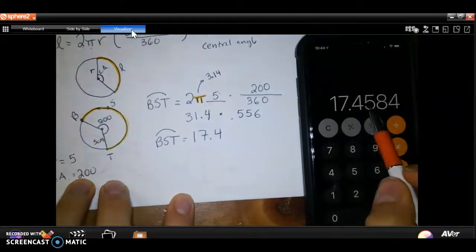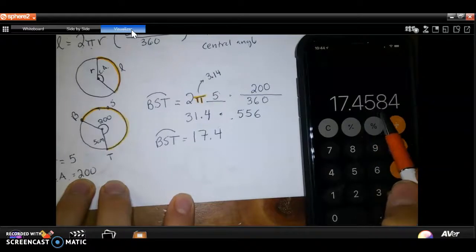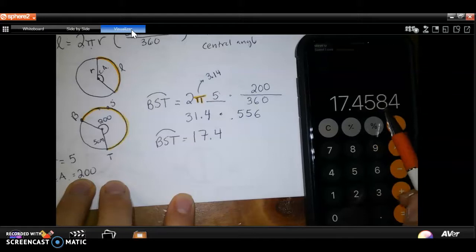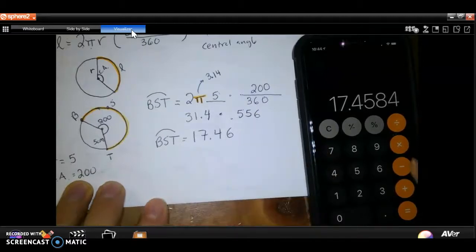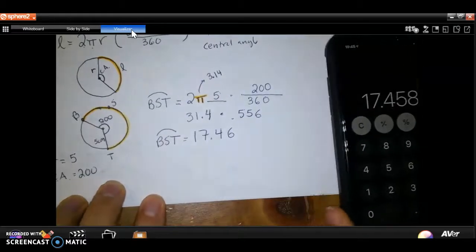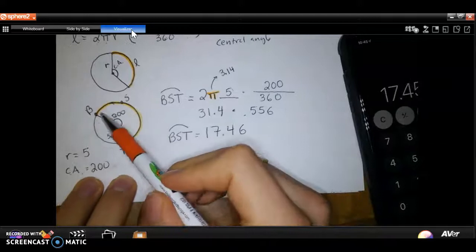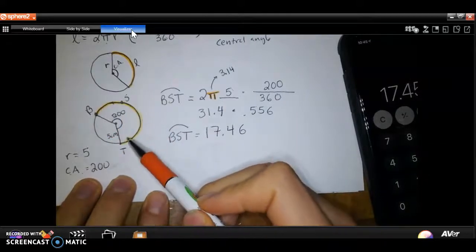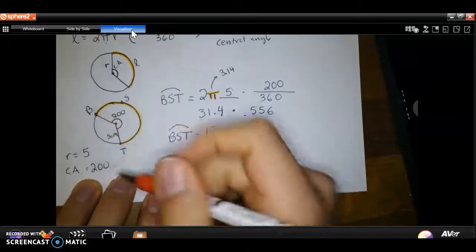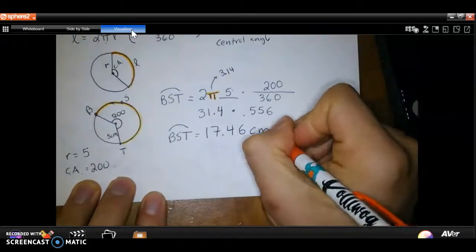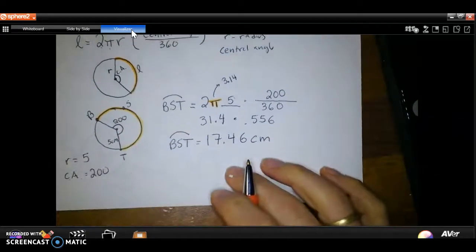Now I'm going to round to the hundredths so we can practice rounding. I look at the third decimal place to round the second, and this is a 6. Boom. 5 and above, give it a shove. So we know our arc length here is 17.46, and our units are centimeters, since we're talking about a length.